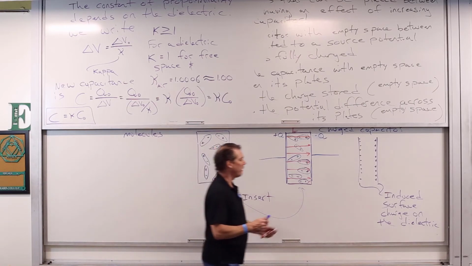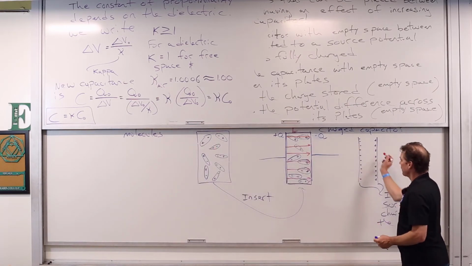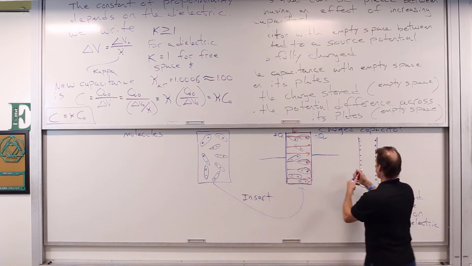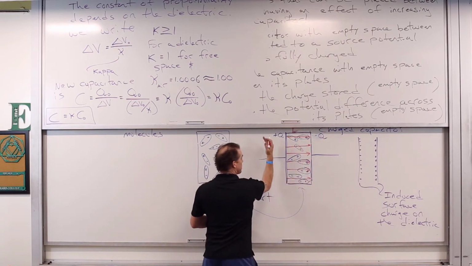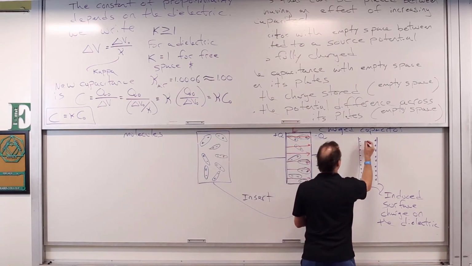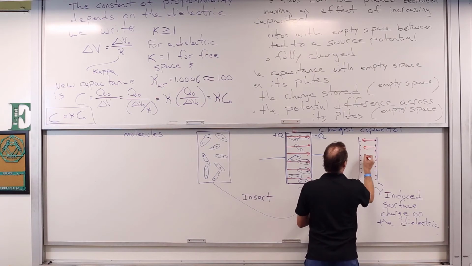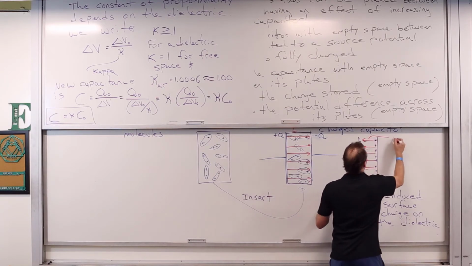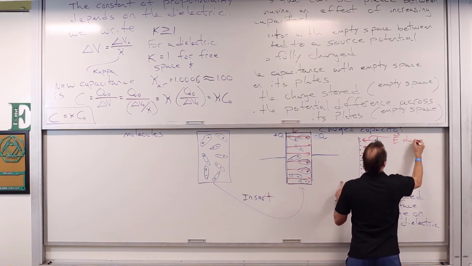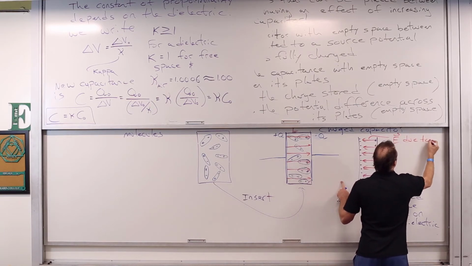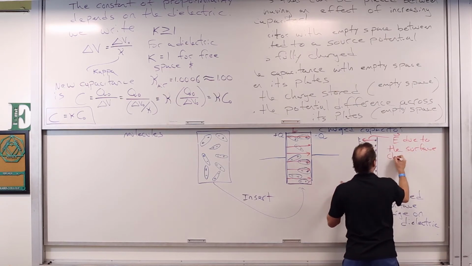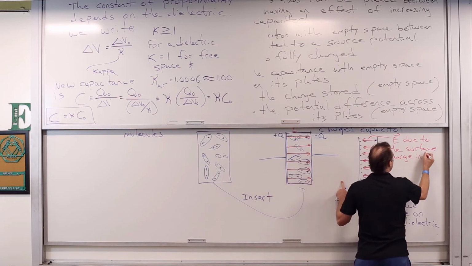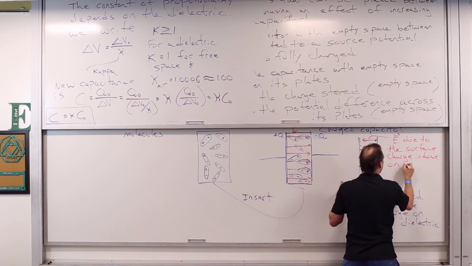Well, that has its own electric field associated with it. The electric field, due to this polarization shift, goes from plus to minus. Plus is more heavily on this side, minus is more heavily on this side regarding the dielectric. So now we've got this electric field, E hat due to the surface charge induced on the dielectric.